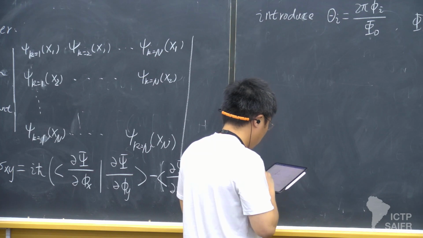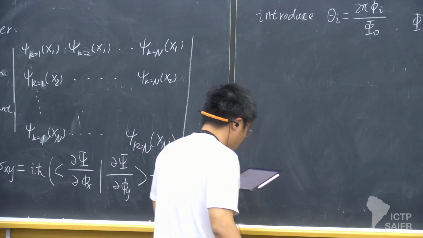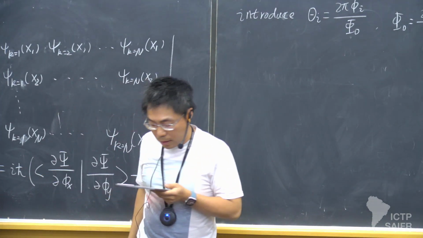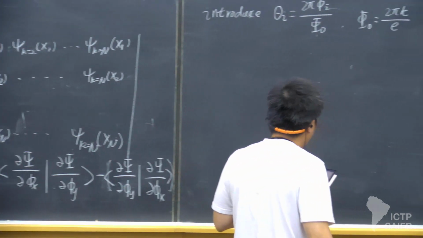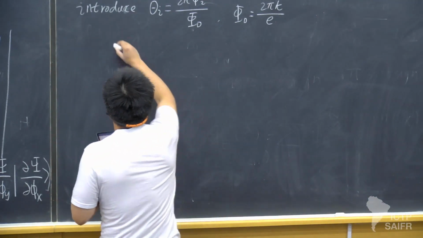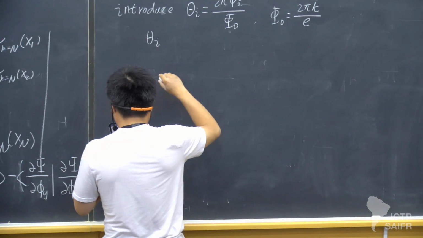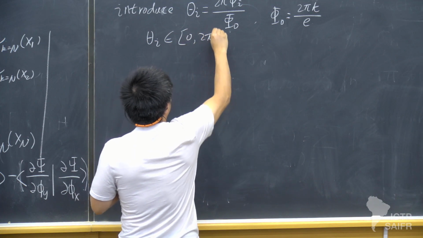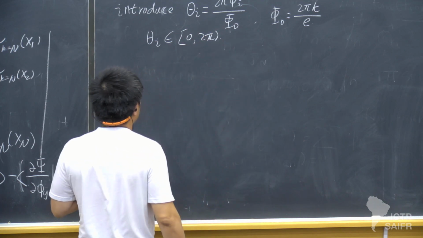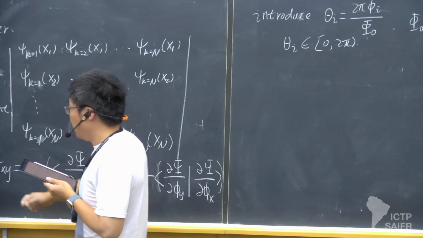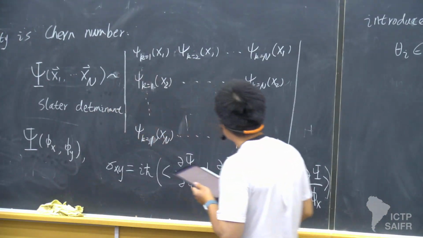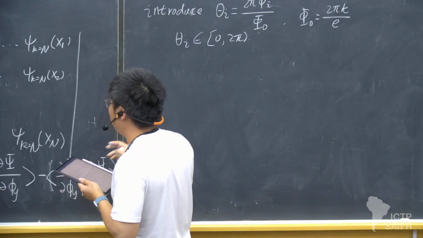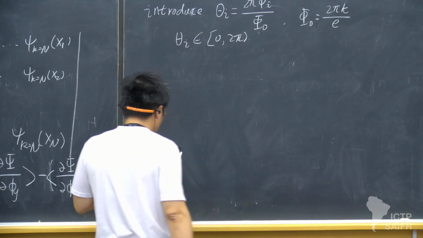Then I want to rewrite this whole conductivity using theta instead of phi. In particular, the theta will then just take periodic values between 0 and 2 pi, right? And you can say that these wave functions or the Hamiltonian will be periodic in theta from 0 to 2 pi.